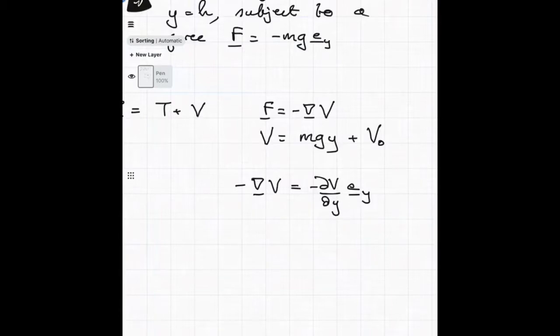If we do that, then we get exactly minus mg e_y, and that's exactly what the force is here. This is correct. So therefore, we're going to use this as our potential energy.